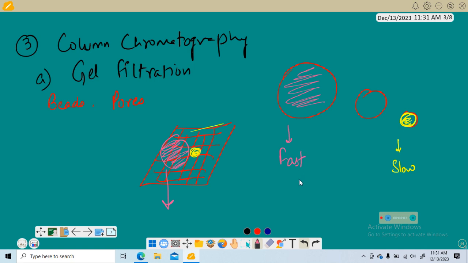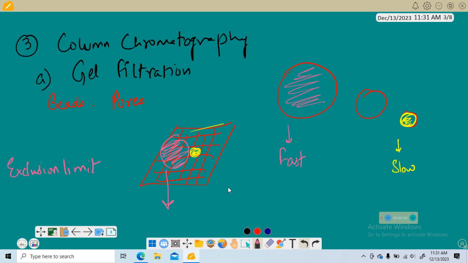Now there is a term, exclusion limit. What's that? A molecule which is too large to get trapped in the stationary phase, that point is a limit, called the exclusion limit. Now this is the elution order.